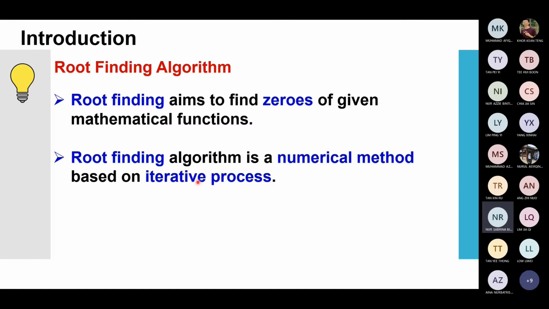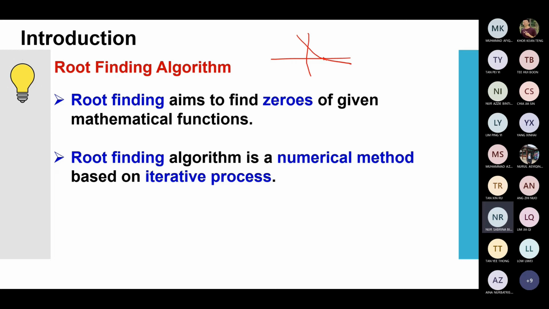Let me just show you that. Let's say this is your graph, and it passes through this point. You pick any point and give an initial guess.